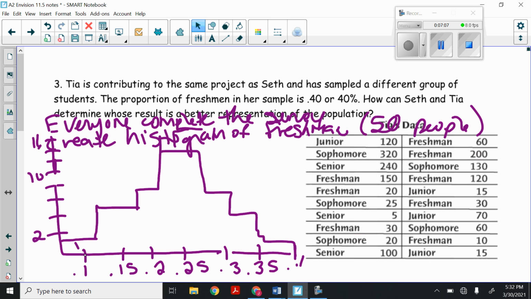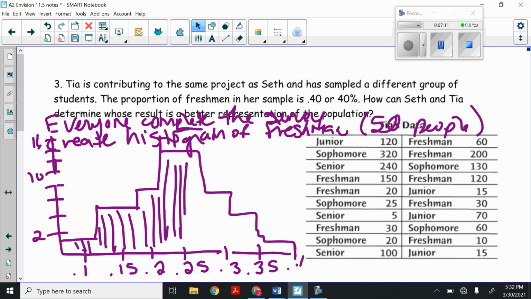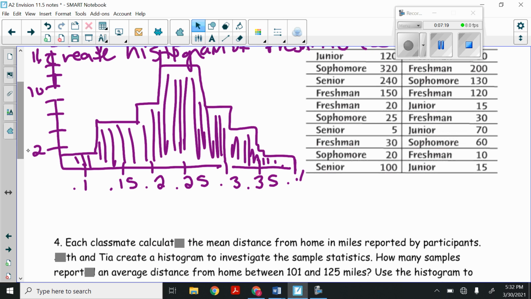So this is a rough sketch of what the histogram in the book provides about the data. We can tell by looking at the histogram that this is a normal distribution.